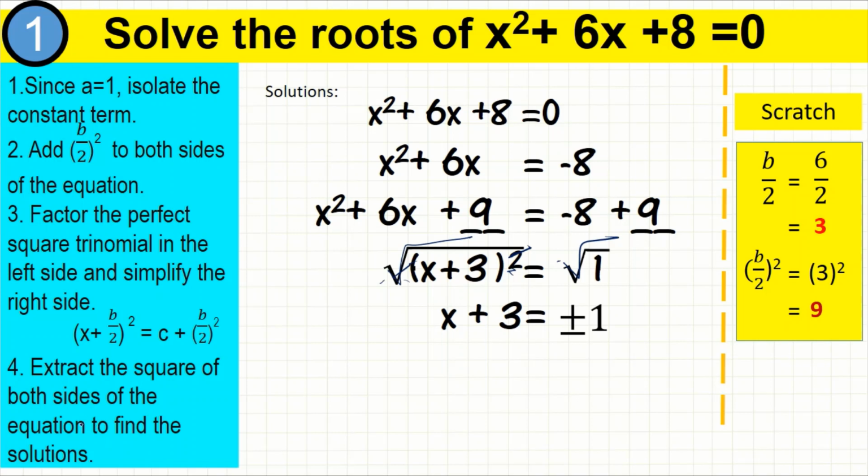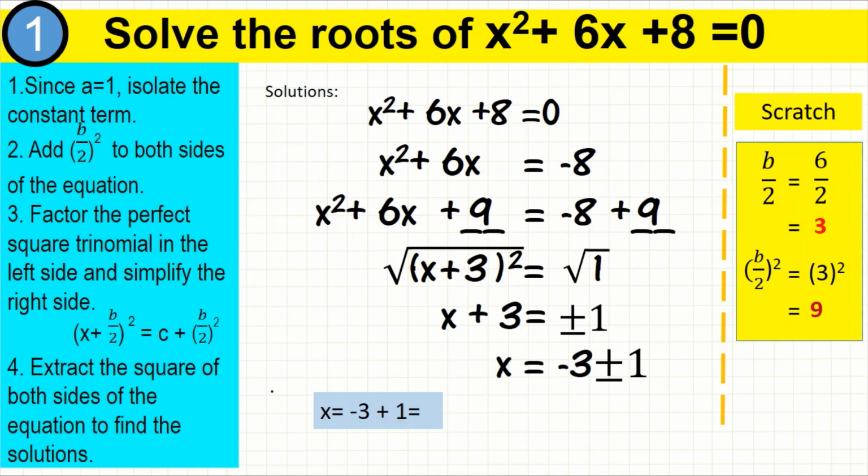And then, to find the solutions, ilipat natin si positive 3 dun sa kabila para si x na lang ang matitira sa left side. So, we have x is equal to negative 3 mula sa positive 3 dun sa left side, and then plus minus 1. Isang plus at isang minus.